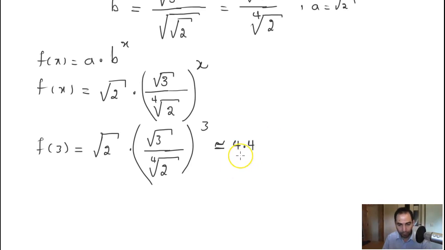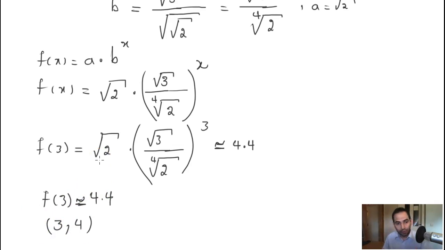So it makes sense, because f of 3 is approximately 4.4, and on the graph of the function I had (3, 4) as a point.